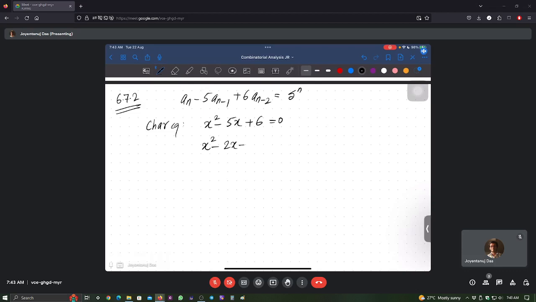So 5x you can write as 3x minus 2x. So that's why the roots are 2 and 3.